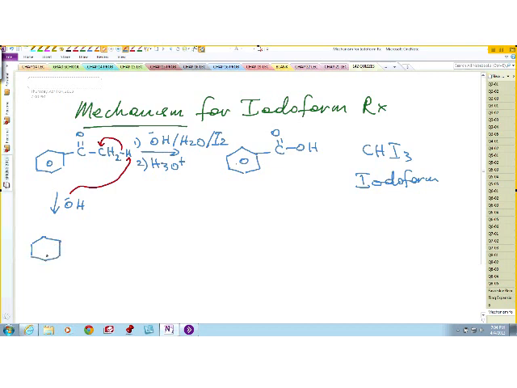And you form this intermediate, plus water, of course. And then at this point, this enolate ion will now attack your iodine. Break the iodine bond. So now you have this.